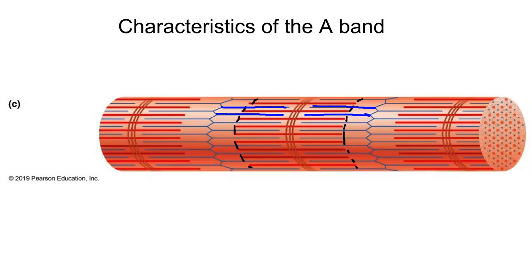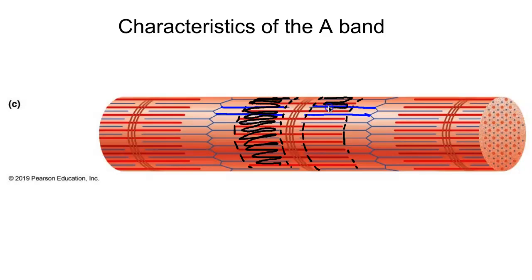So when thinking about the A band, what we can sometimes see, even with a light microscope using oil immersion, is where the thin filaments are overlapping the thick. In these areas of overlap, the region will appear even darker than the center of the A band.